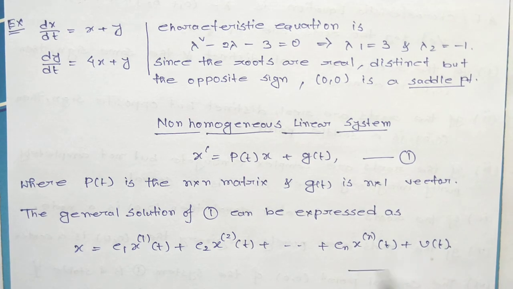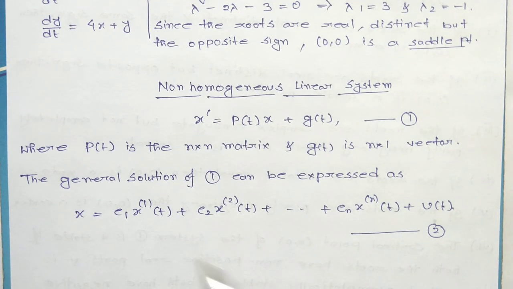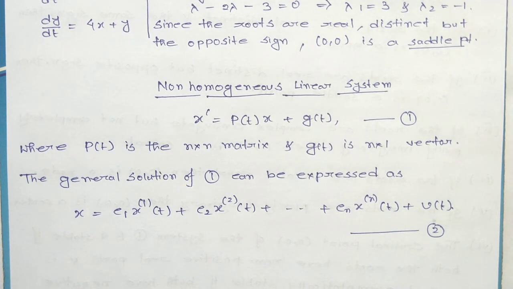Let's say this is our 2. Now here this part is our general solution.